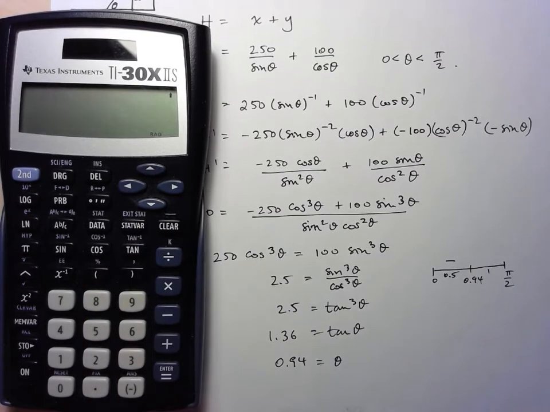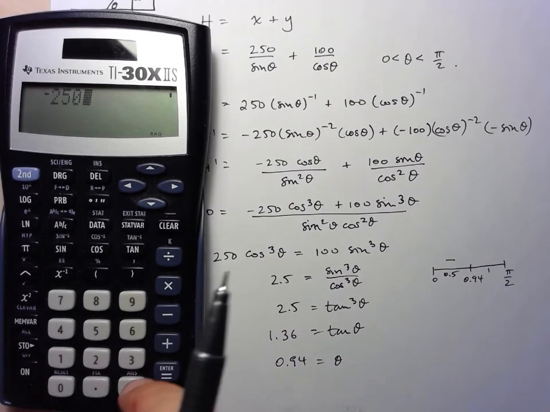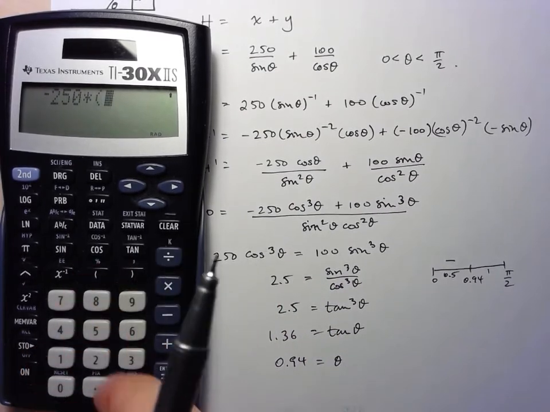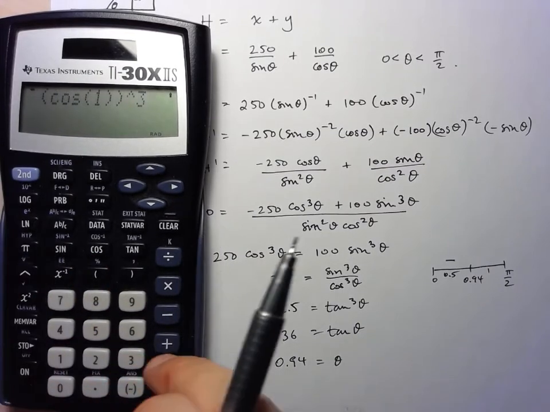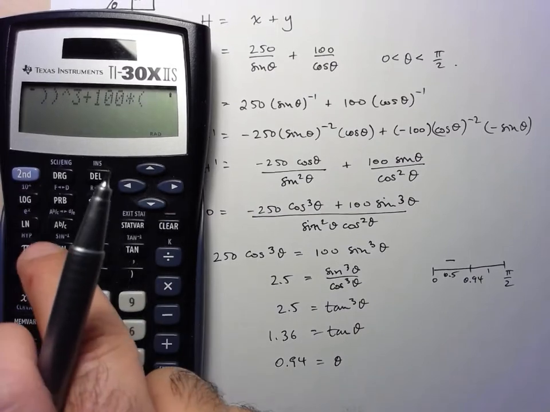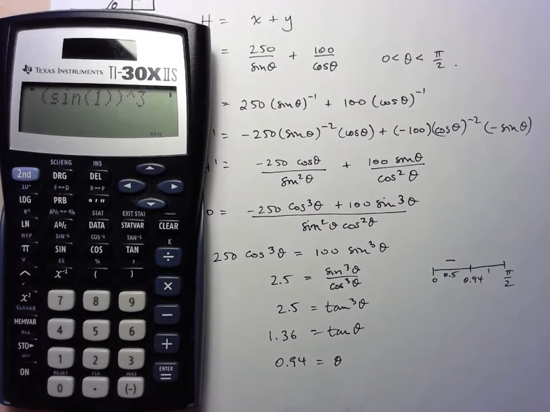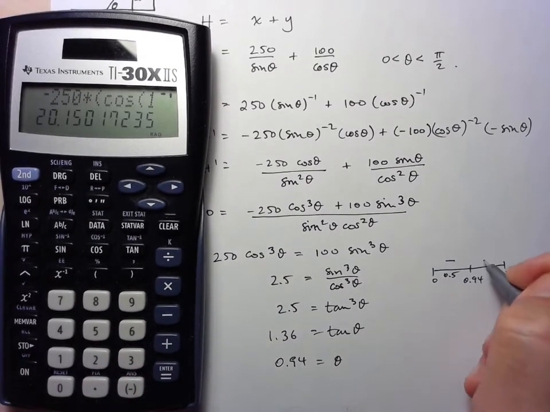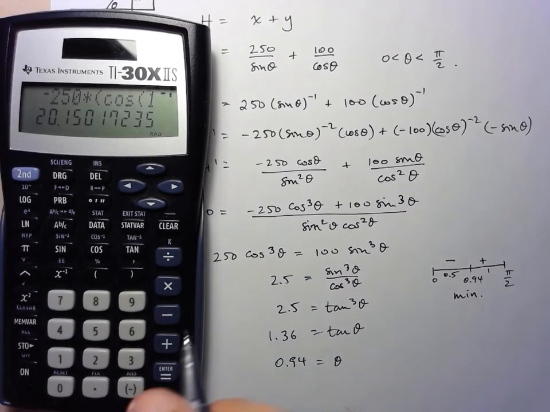Now let's put 1 into that expression: negative 250 times cos of 1 cubed plus 100 times sine of 1 all cubed. And we get something positive. So this indeed gives us a minimum.